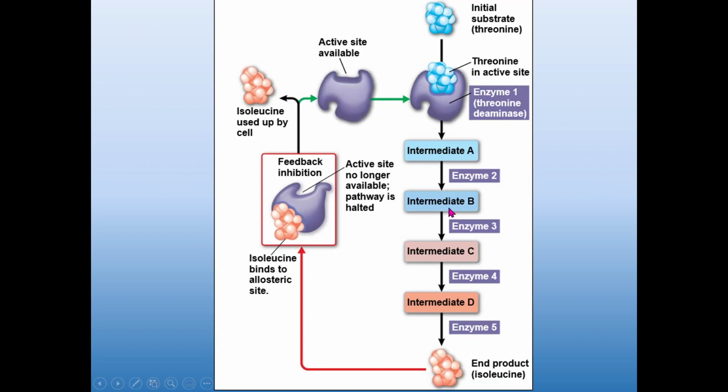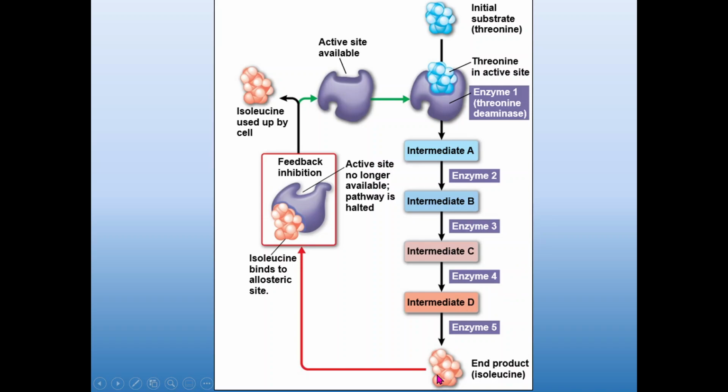I'm zooming in just so you can see this a little bit better. So here's our metabolic pathway. We have our first enzyme. It binds with a substrate. It goes through a multi-step process using multiple enzymes along the way. Each of these enzymes are different, they're specific, and it creates a product.